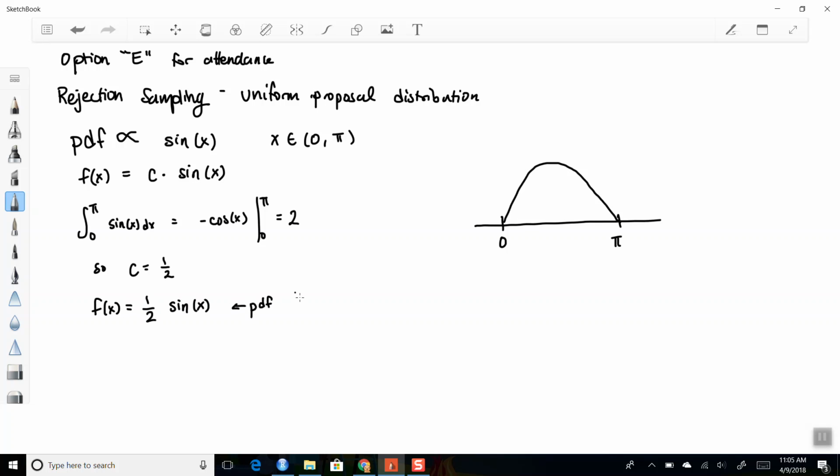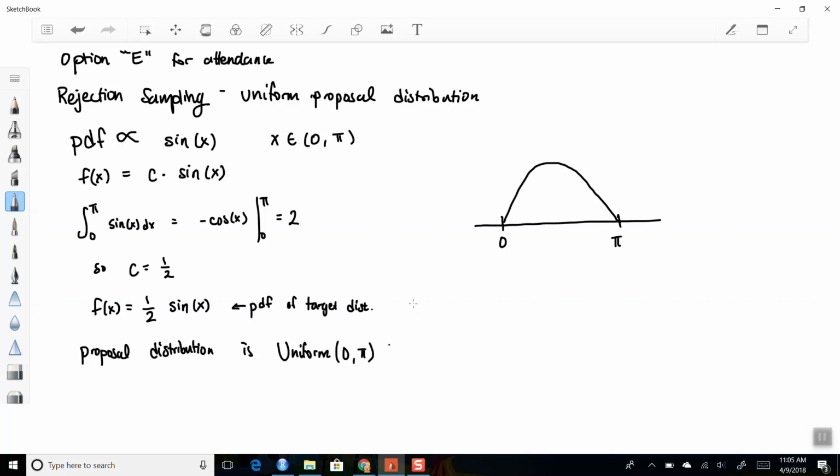So this is our PDF of the target distribution. Is that okay? And we said our proposal distribution is the uniform distribution from 0 to pi.